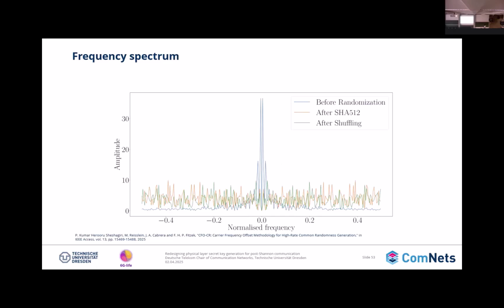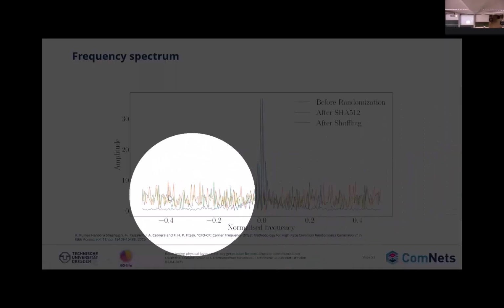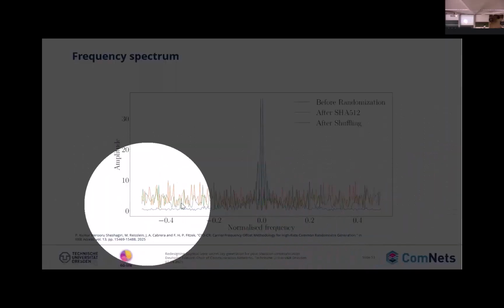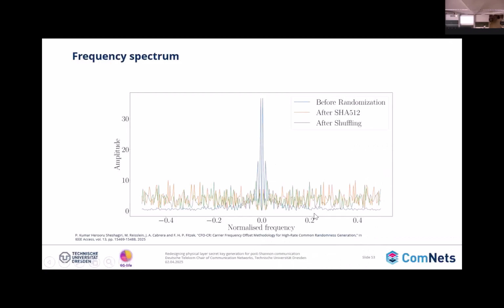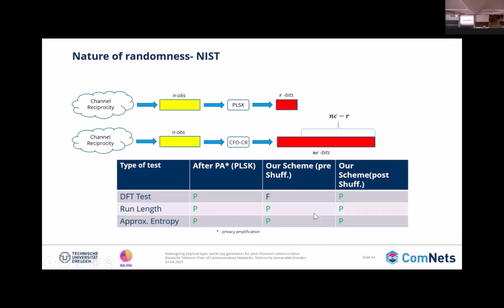And as a reference, we also plotted the frequency distribution using a deterministic hash function. You can notice here that the frequency distribution of the hash and the shuffling was pretty much the same. So that's good news.